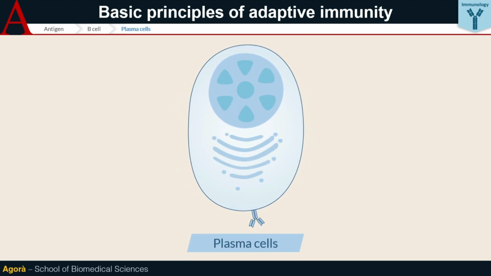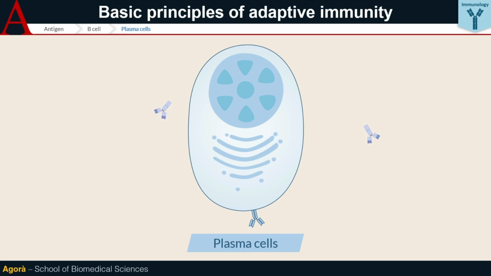Plasma cells are responsible for producing a large amount of soluble immunoglobulins that recognize the same antigen recognized by the BCR. These soluble immunoglobulins have a specific constant region for binding with a specific cell type.